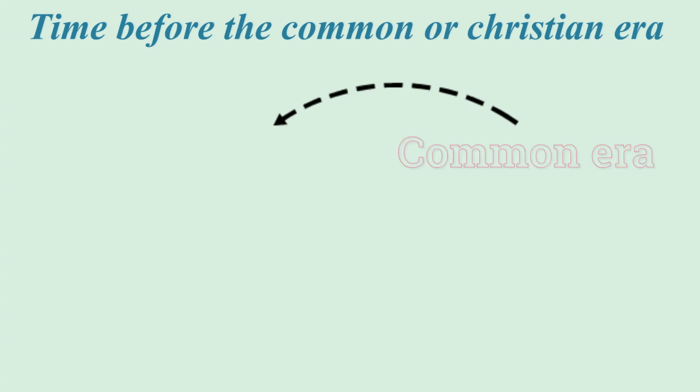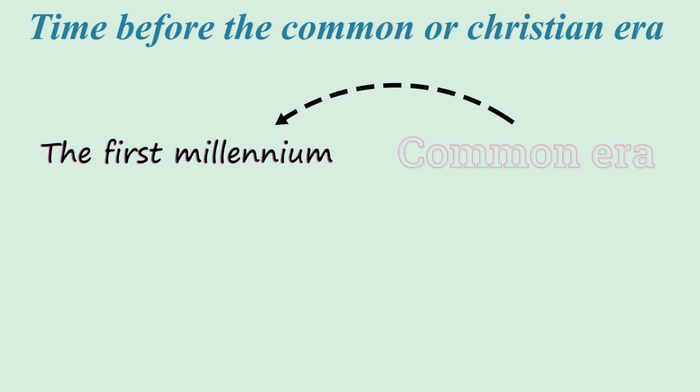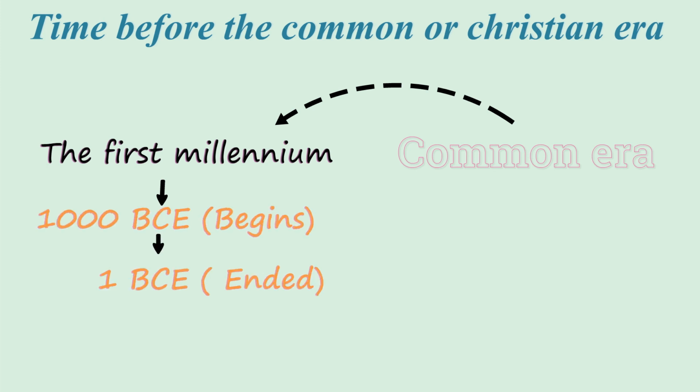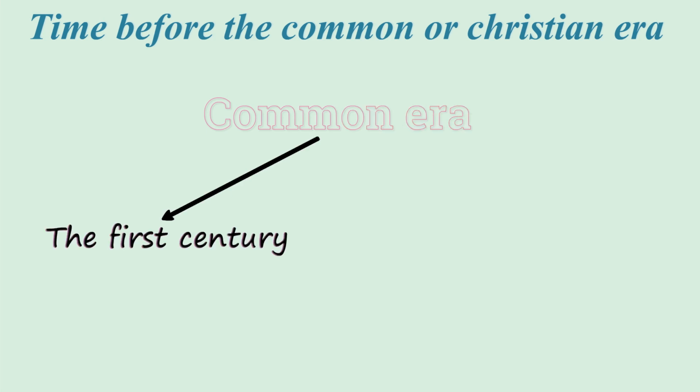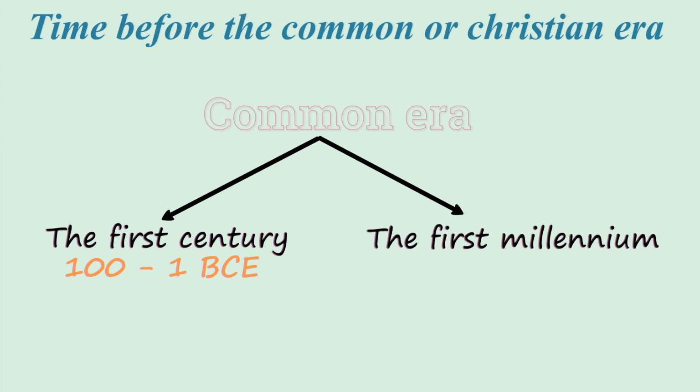Similarly, the first millennium before the Common Era began at the year 1000 BCE and ended with the year 1 BCE. So the first century before the Common Era is indicated as 100 to 1 BCE, and the first millennium before the Common Era is indicated as 1000 to 1 BCE.